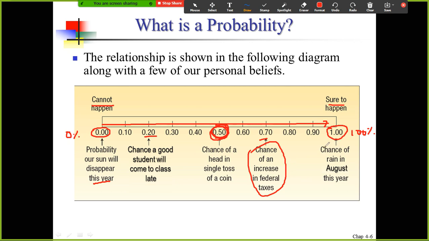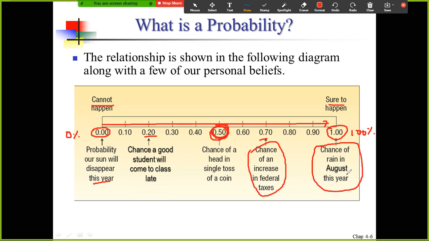100%, the chance of rain in August this year. We are sure, we are certain that the rain will come in August this year. Why? Because in our country, August is a rainy season.